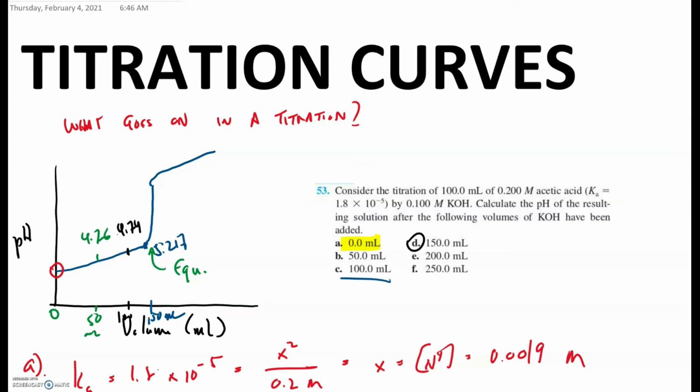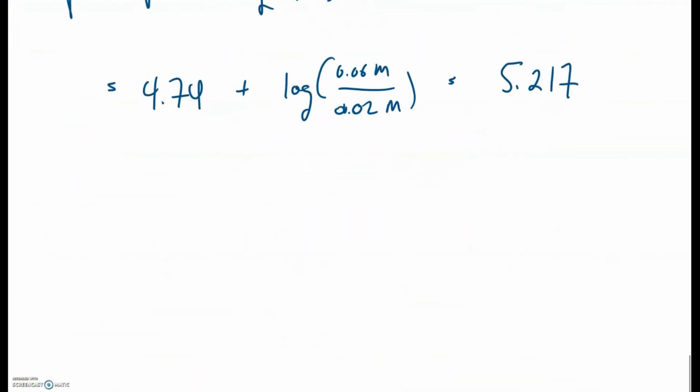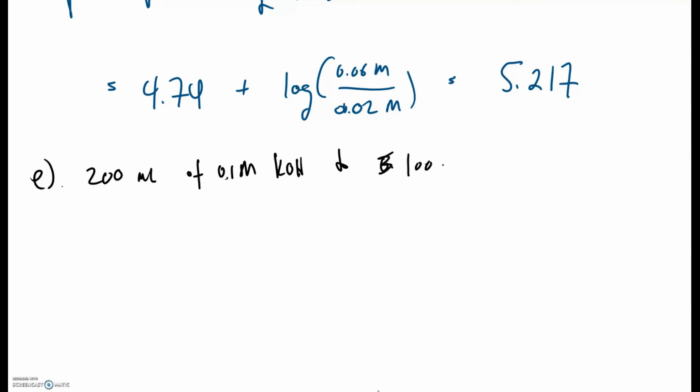All right. Here at E, you can probably see what's going on. At E, we're adding 200 milliliters of 0.1 molar potassium hydroxide to, I'm just checking the time here, 100 milliliters of 0.2 molar acetic acid.